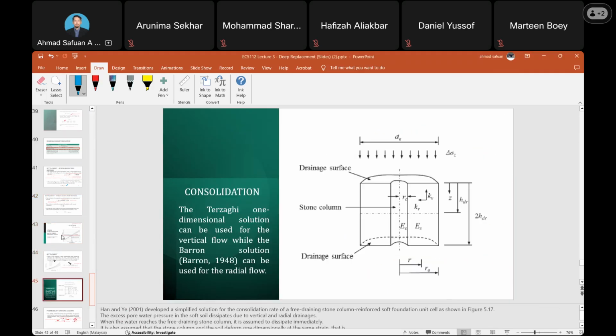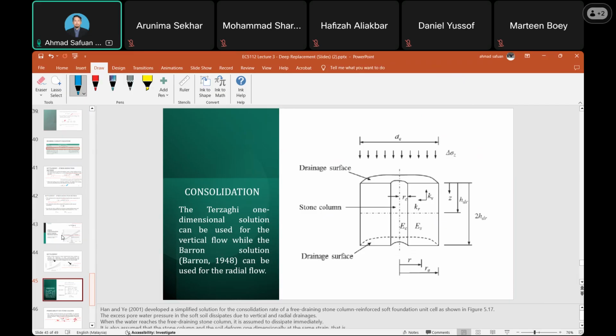To estimate the consolidation, the Terzaghi one-dimensional solution can be used for the vertical flow, while the Barron solution can be used for the radial flow. So it is similar to a prefabricated vertical drain, where we have vertical and radial flow.